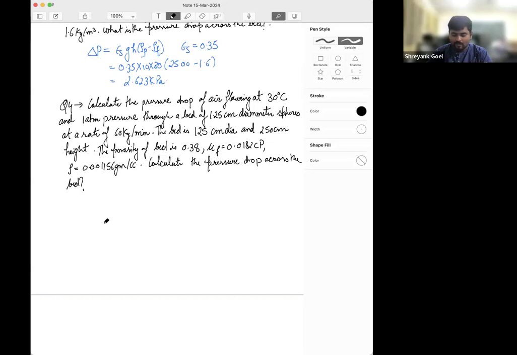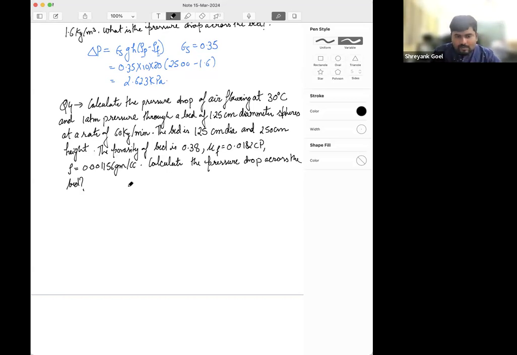In case of turbulent flow, we have the Burke-Plummer equation, and in between, in the transition, we have the Ergun equation. Based on that, we need to understand which equation will give the correct pressure drop across the bed.